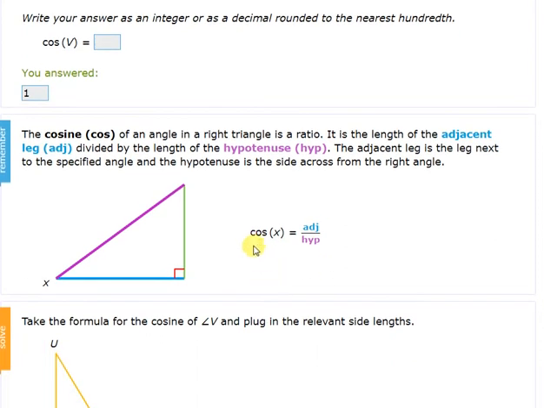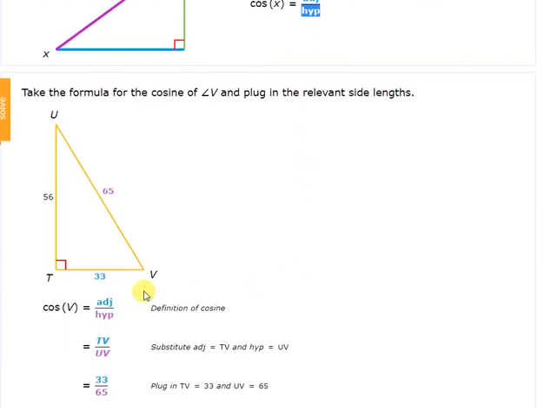We need to find the cosine function. The cosine ratio equals adjacent over hypotenuse. So first look at this triangle and look for the adjacent. Which side should be the adjacent according to angle V? This is angle V, and according to this angle, this is the closest side. And we know this is the hypotenuse because it is opposite the 90-degree angle.